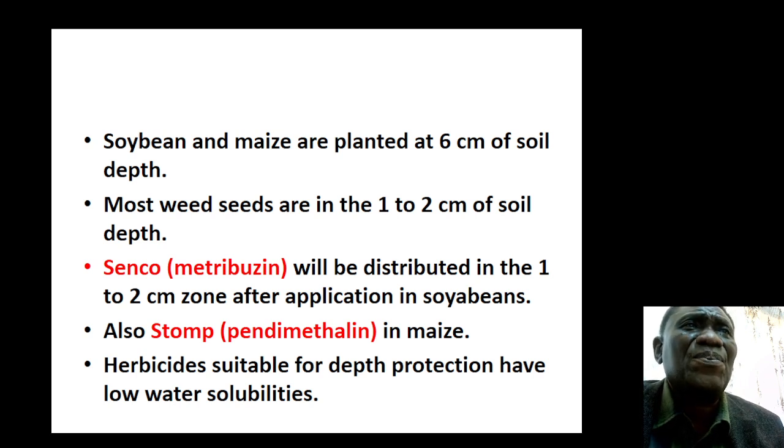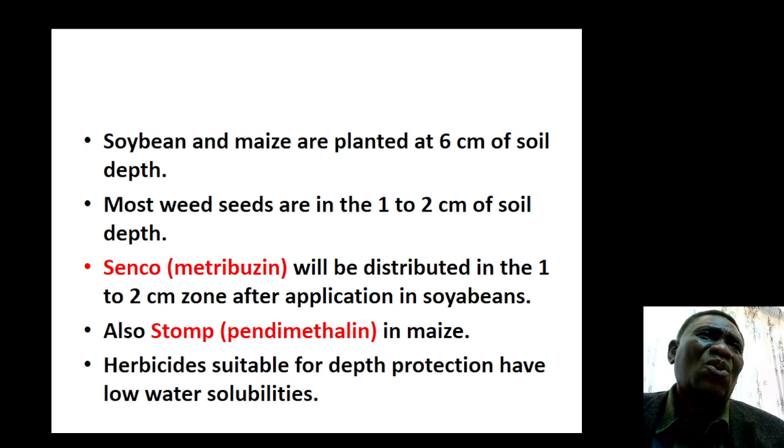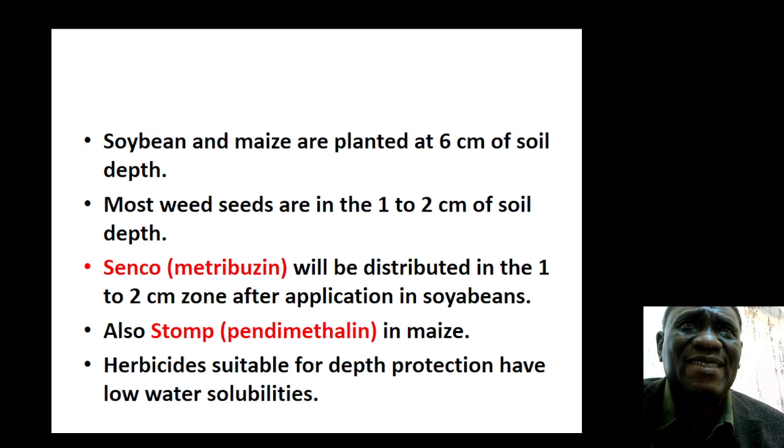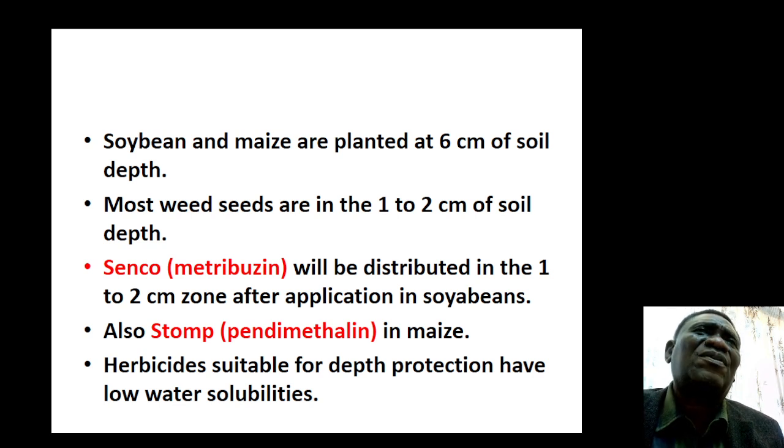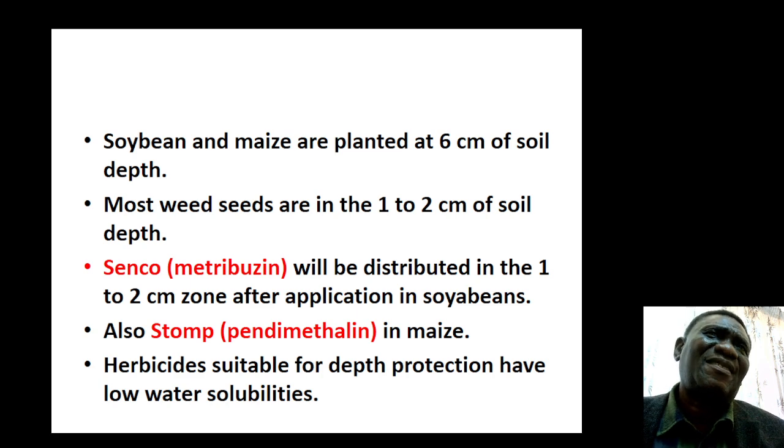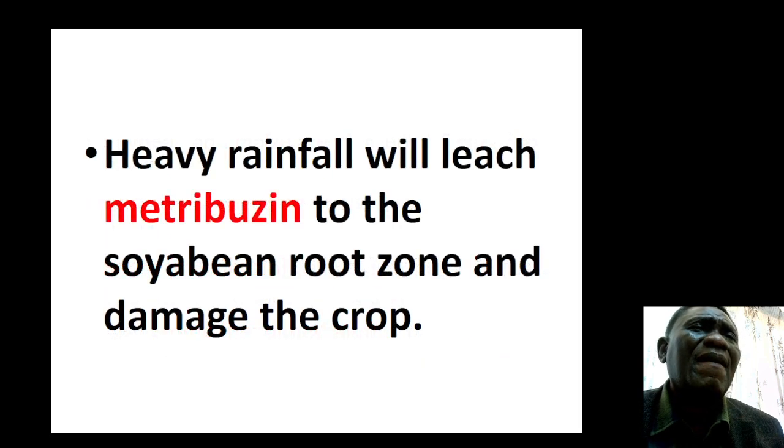Also, stomp pendimethalin in maize. So these two herbicides are suitable for depth protection because of low water solubilities. They can hardly dissolve in water. That's why they cannot reach the zone where we find the seeds of the crops.